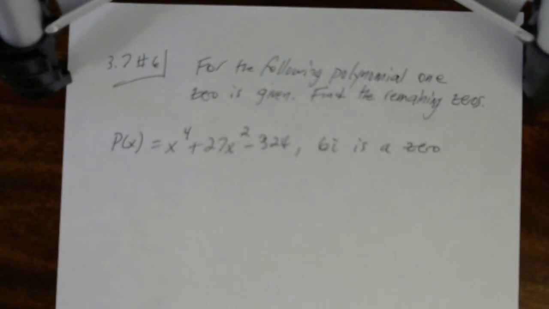Again, that's x to the fourth plus 27x squared minus 324, and we're given that 6i is a zero.